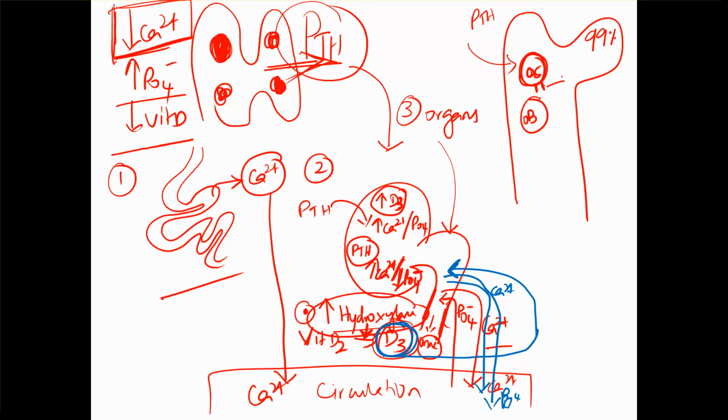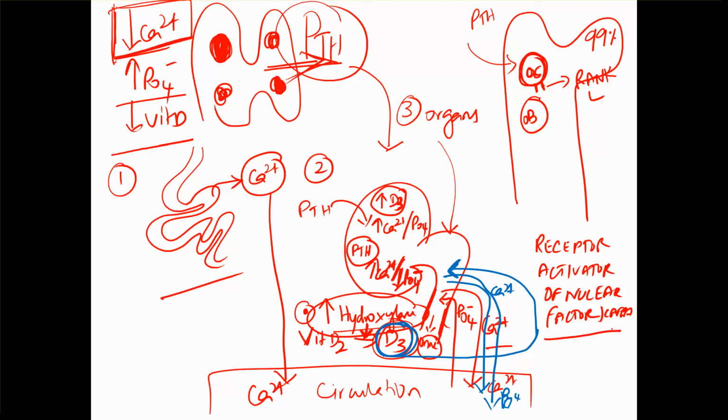So this is called RANK L. RANK means receptor activator of nuclear factor kappa.